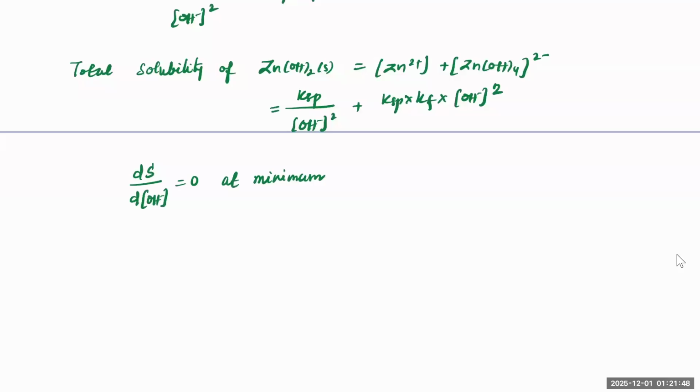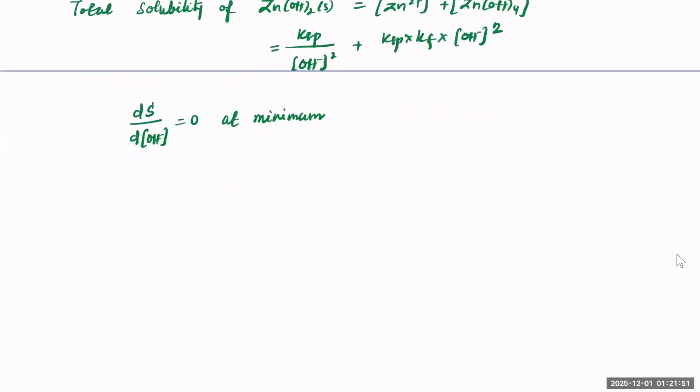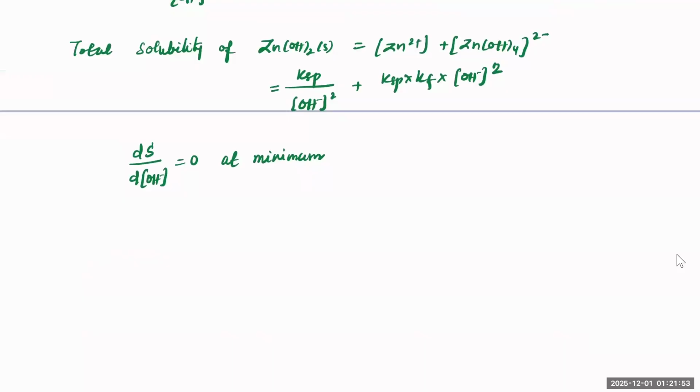At minimum value, that is 0. So I can say that ds by d OH minus is equal to the differentiation of these two terms.